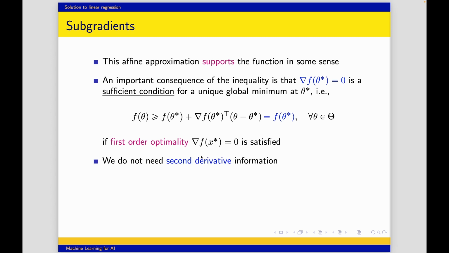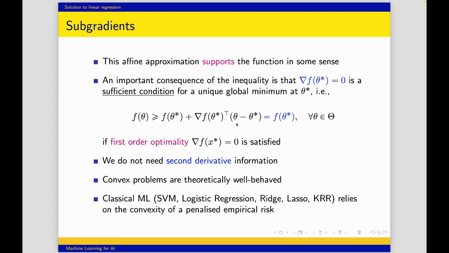So we don't need second derivative information. We just need to satisfy this. This is one of the things that makes convex problems nicely behaved, and why there's so much optimization theory devoted specifically to convex problems and categorizing convex versus non-convex. Now, that doesn't mean that we can't solve non-convex problems. We can, we just have to use somewhat different tools, more tricks.